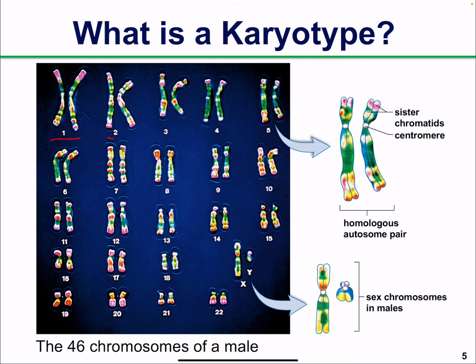Pair number 2 is also made up of a set of homologous chromosomes, one coming from mom, one coming from dad. And what makes them homologous? It's because they don't only have the same shape and the same size, at least in terms of similarity, right? But also they contain the same genes.